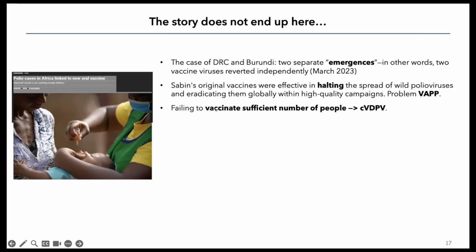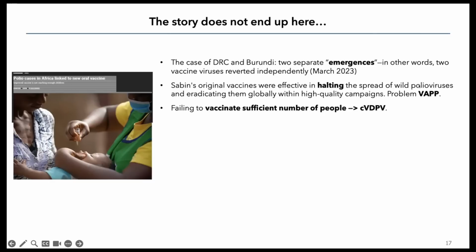And I wanted to just mention that Sabin originally was effective to halt spread of wild-type polio and eradicating most of the polio globally if high-quality campaigns were carried on.